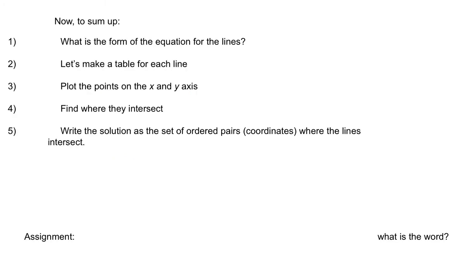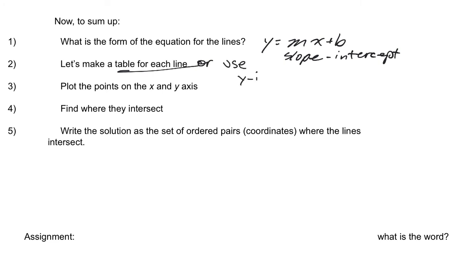Now to sum up, what's the form of the equation for the lines we're going to use? We're going to try to make sure all our lines are in y equals mx plus b, slope-intercept form. We're going to make a table for each line if we need to, or we can use the y-intercept and the slope to make our lines, whichever works best for you.